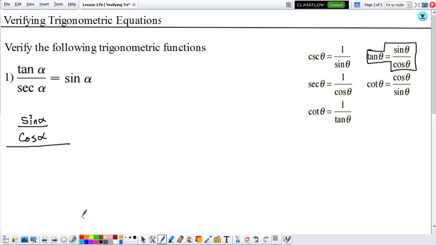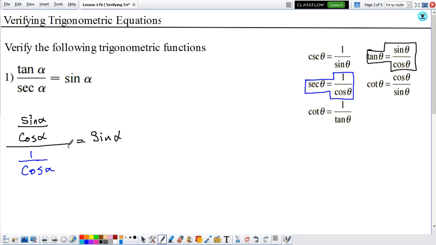And we're still going to divide it by something else, secant. But I know that secant is equal to 1 over cosine. So instead of writing secant, I can write 1 over cosine. And that is equal to the right side.